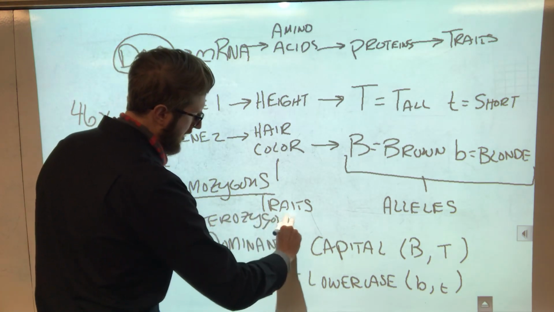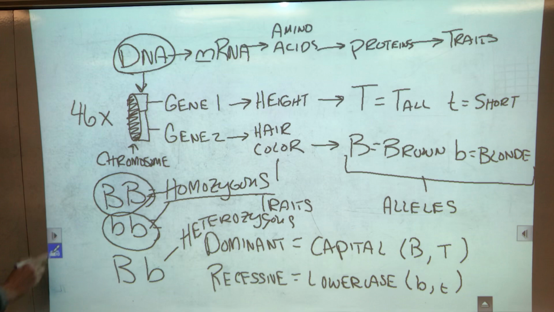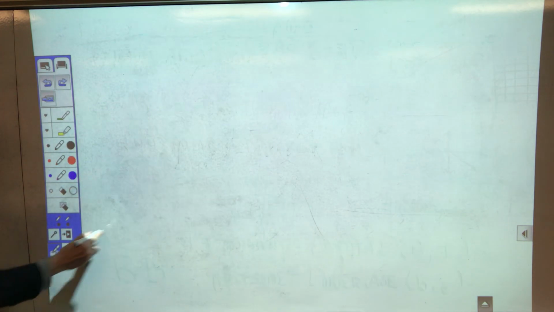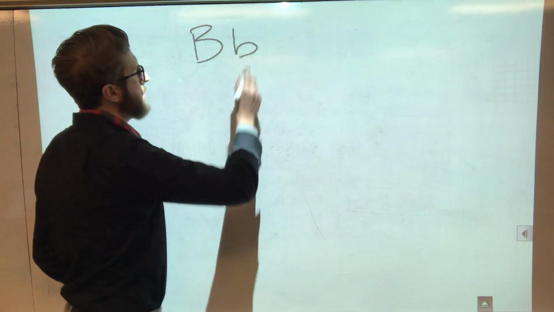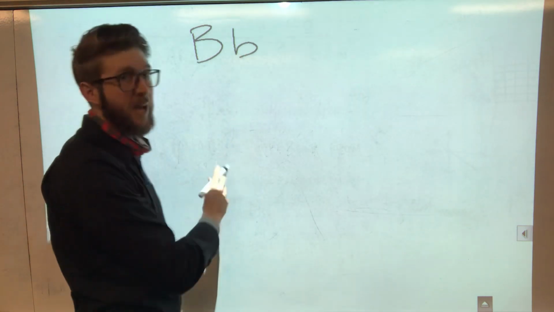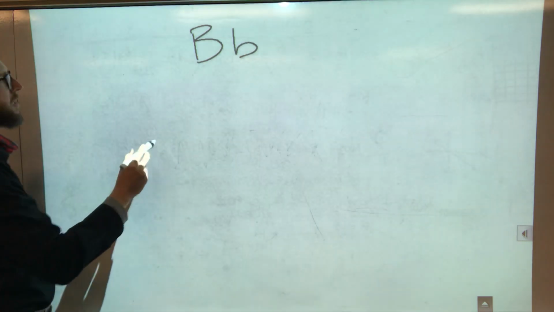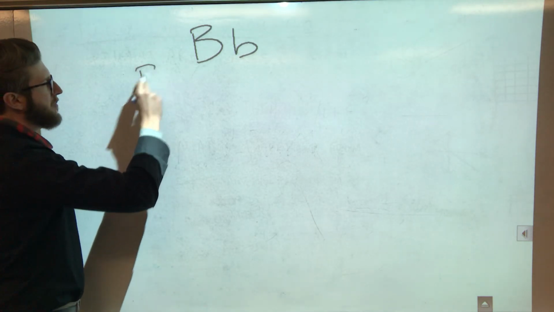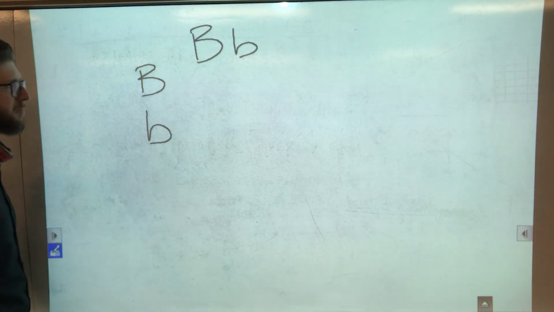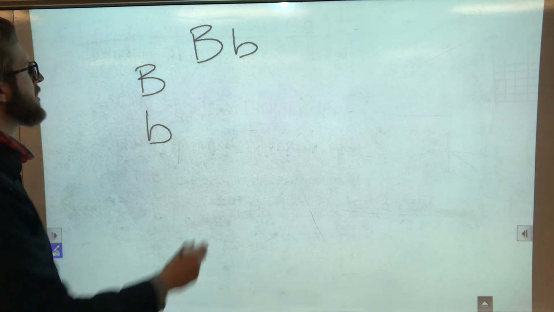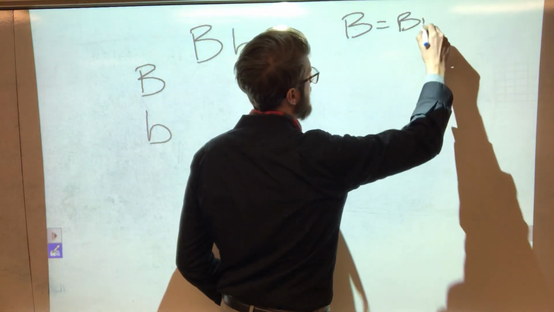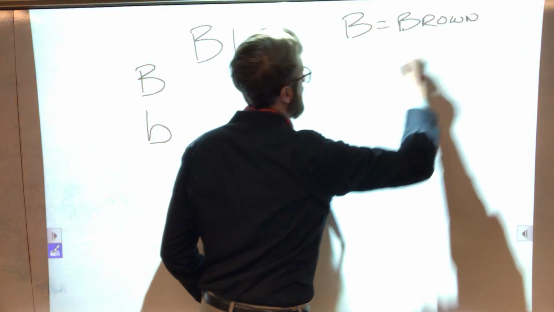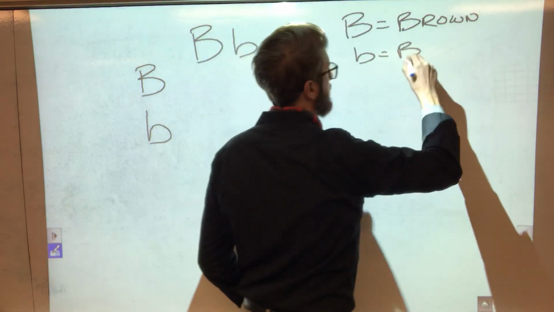Okay. I know this is getting sloppy. I'm gonna clear this out. So once again, let's say that big B, little b is dad, and let's say that mom has big B, little b as well. Okay. So remember, big B is brown hair, little b is blonde hair.